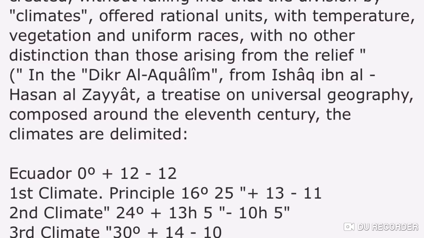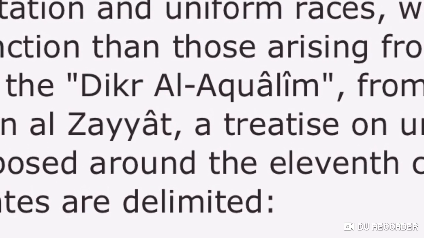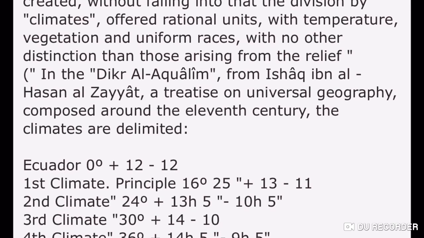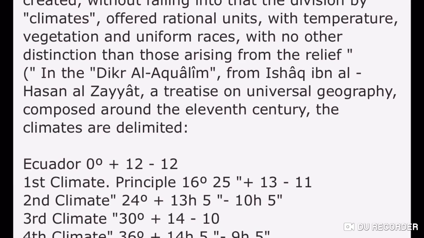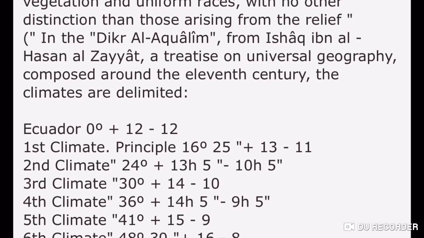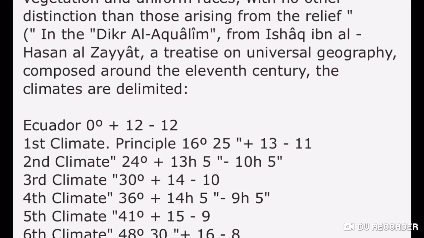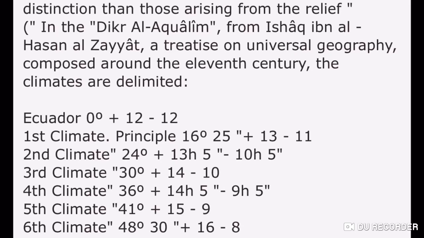And that's where we get this information from, this treatise. One of the surviving treatises from Ishaq ibn al Hassan al Ziyad, a treatise on universal geography composed around the 11th century.